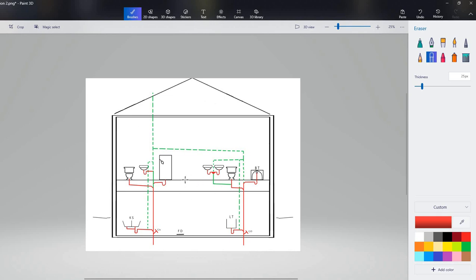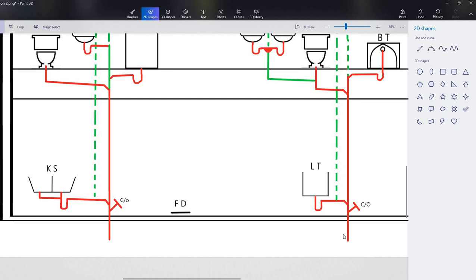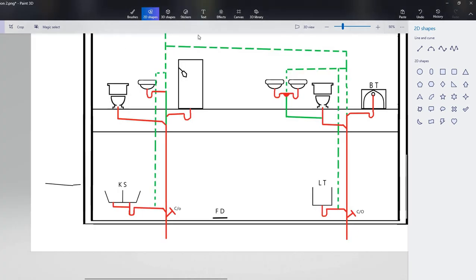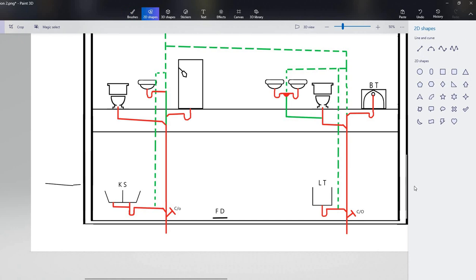And there we go. We now have our two stack vents connected to create a header. We have our venting done, and everything above ground is complete. The last thing we have to do is add our main drain. Now, because we have two drains here, let's erase this. And let's add our main drain.